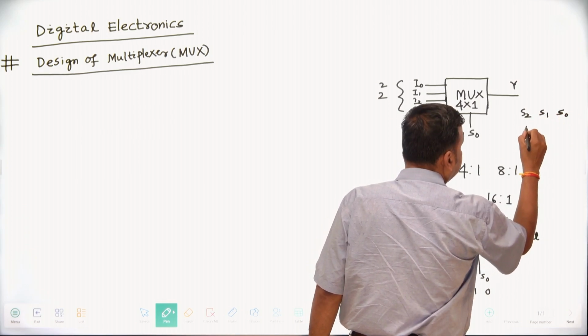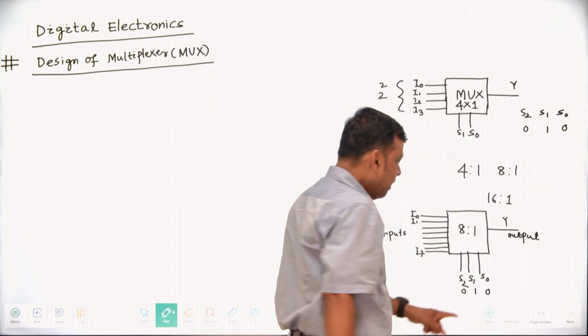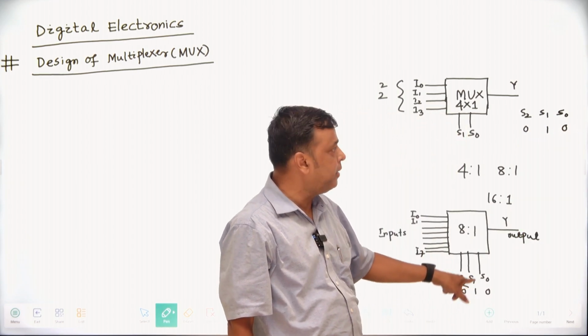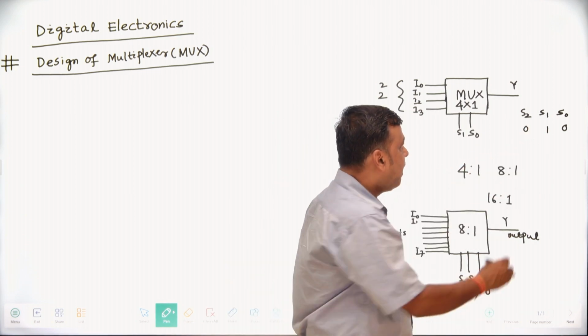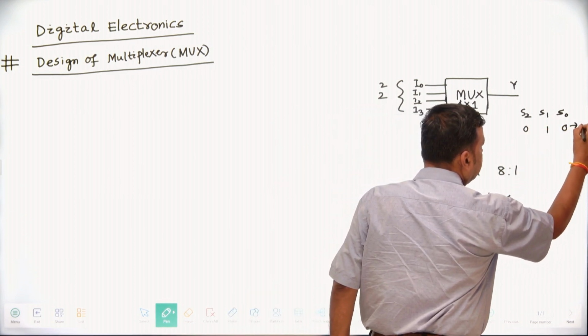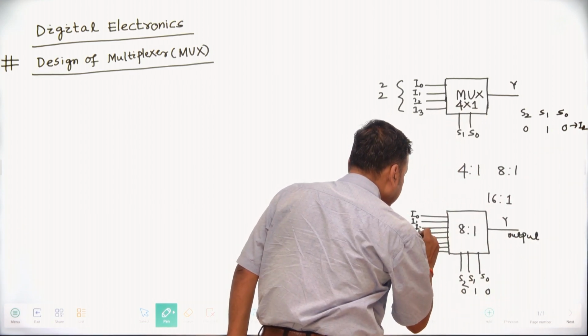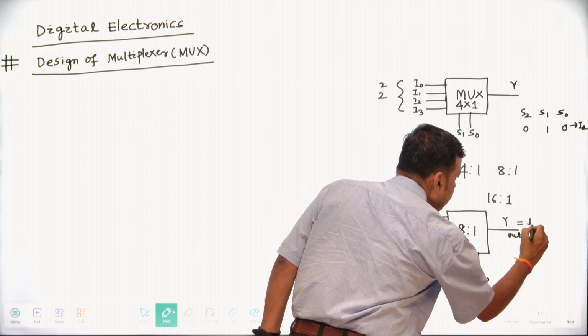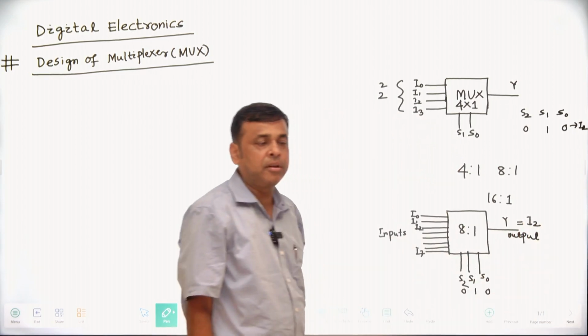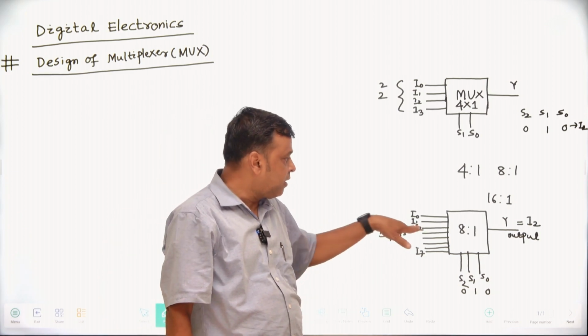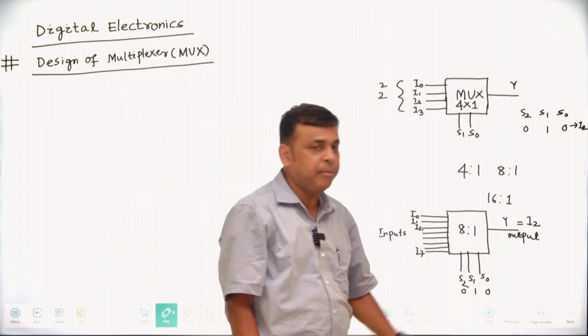With 0, 1, 0, S1 is high. That selects the second line, I2. The output is I2. Whatever information is on that line will be given to the output.